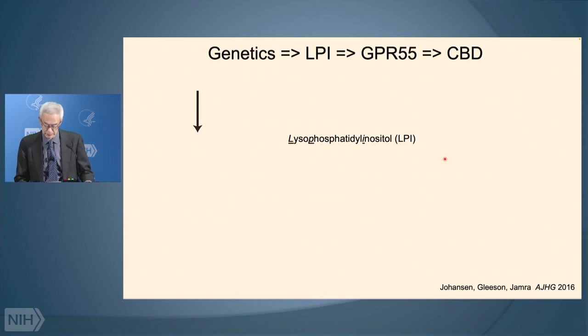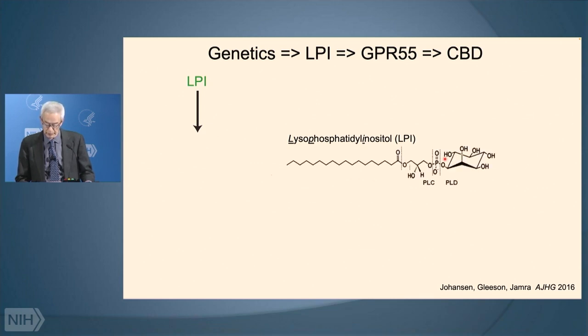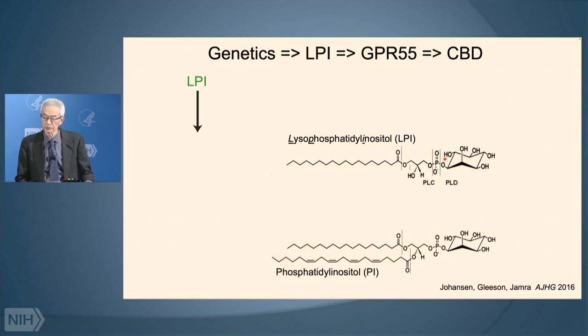Because of genetics. Genetics tells us, first of all, that LPI is interesting. That's because Joseph Gleason teamed up with groups in Pakistan and other countries in Asia and studied the metabolism of LPI. LPI is produced as a product of phosphatidylinositol, a very common lipid present in all your membranes and very important as a repository for arachidonic acid.